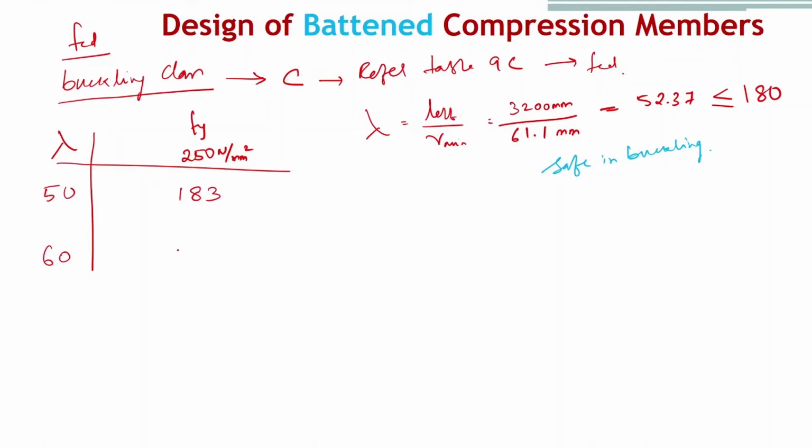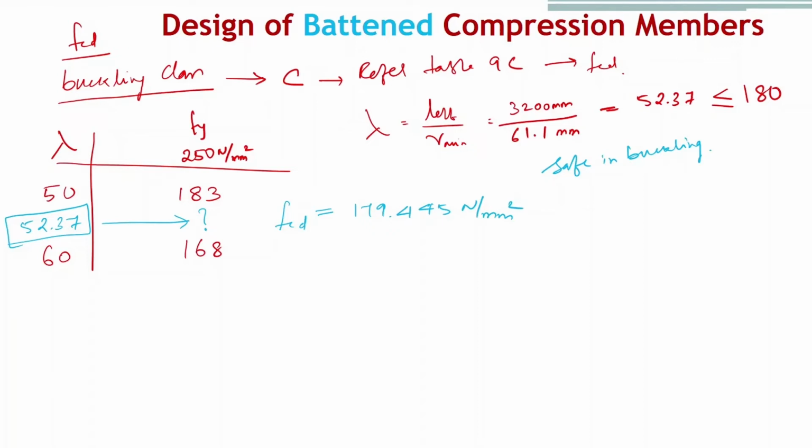For slenderness value of 60, it is 168. So for this slenderness ratio of 52.37, the design compressive stress will be calculated by linear interpolation. That also we have already discussed in all the design numericals on compression member. Please refer the corresponding video for that. The design compressive stress corresponding to 52.37 slenderness ratio is 179.445 Newton per mm square.